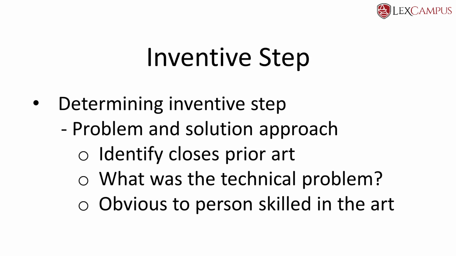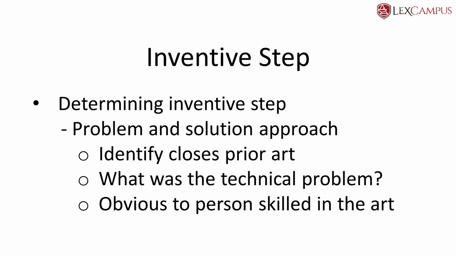We may simply phrase it as: what was the technical problem? Because the closest prior art would have enumerated the problem, but it would not have solved it. So, first we identify the closest prior art, then we establish the objective technical problem to be solved. So, we define the problem, or we identify the problem to be solved.